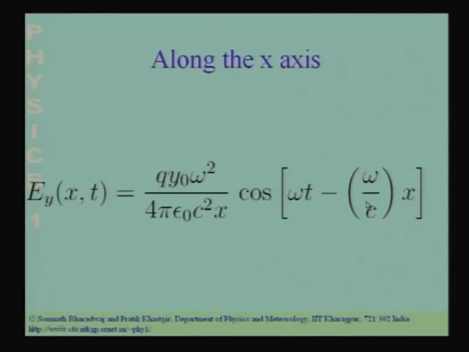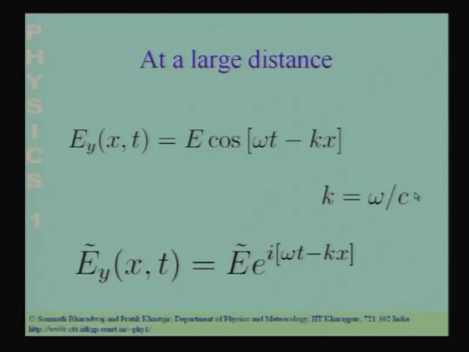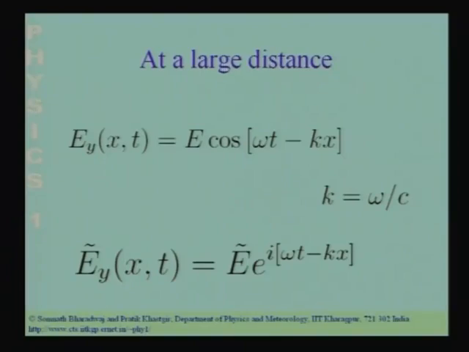I have used k to denote this coefficient omega by c which multiplies x. The point to note is that the expression for the electric field, if I vary x by a small amount at a large distance from the dipole oscillator, is just the expression for the sinusoidal plane wave which we had studied earlier.